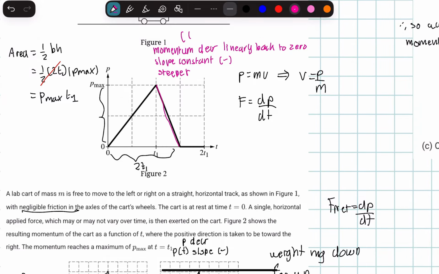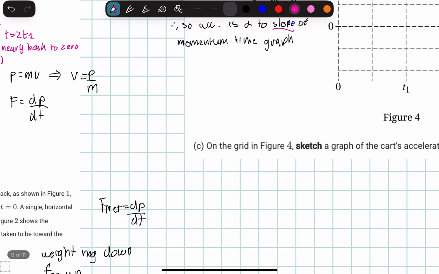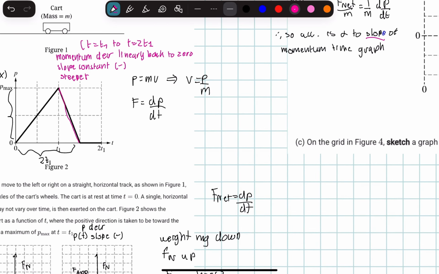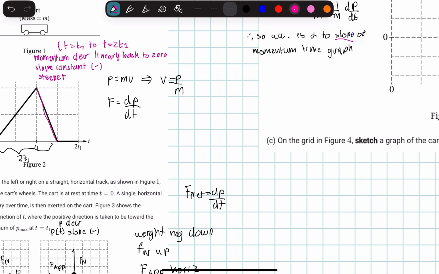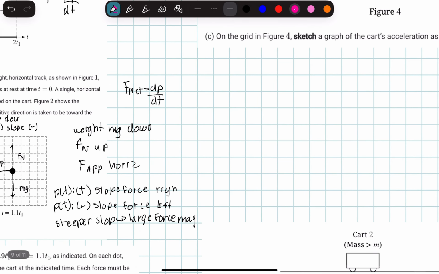So this is for t1 to 2t1. Because we know that's the case, we'll write it here: dp over dt is 0 minus p max divided by t1, negative p max over t1. So that means our acceleration is going to be equal to negative p max over m t1.